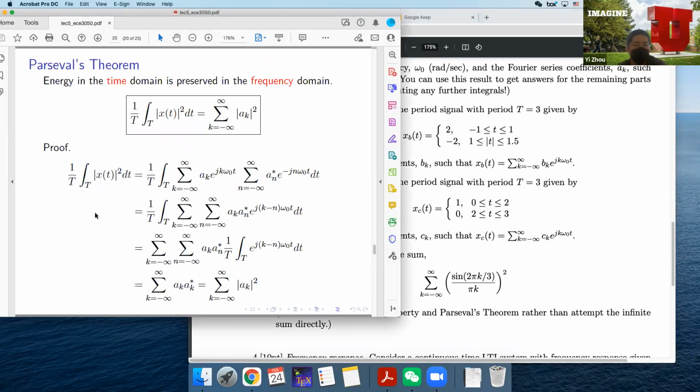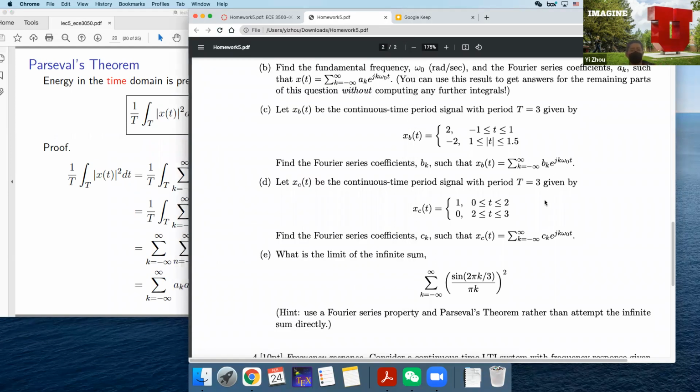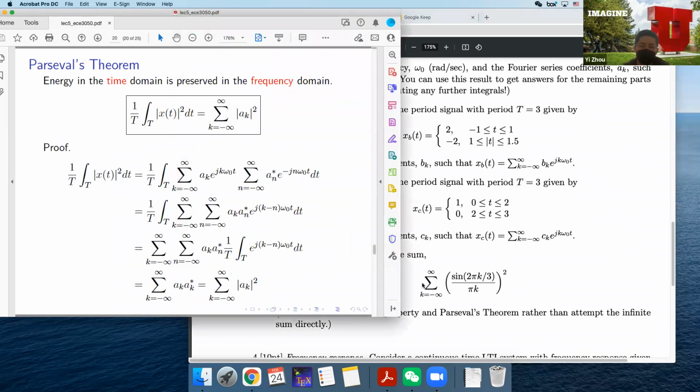This is Parseval's theorem. If you do the calculations correctly, you will find that this summation series looks like the right-hand side, right? The sum of squares.